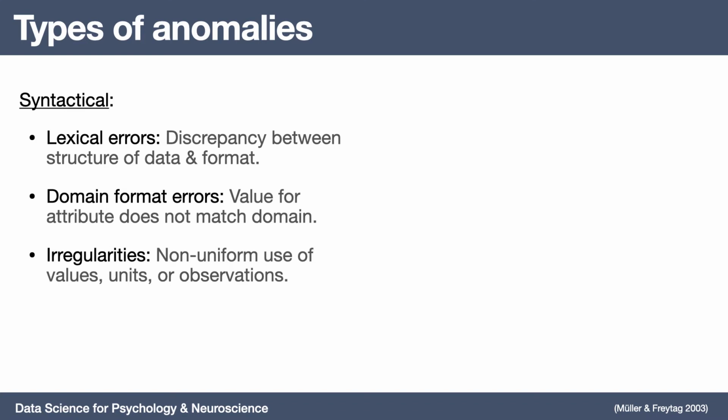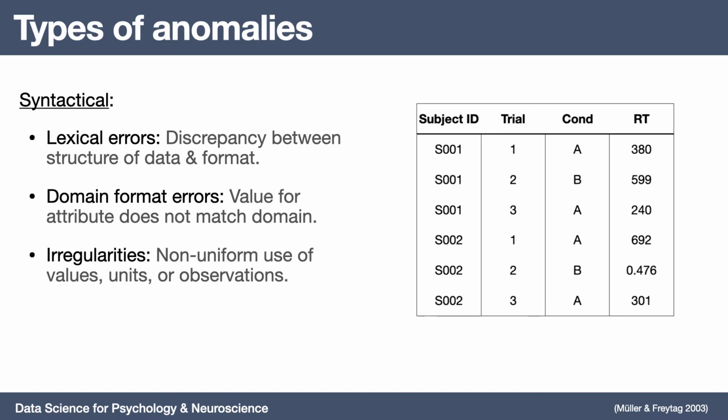Next, you can have irregularities, which are non-uniform use of values, units, or observations. So, for example, if we go back to this data table on the right where we have subject ID, trial number, condition, and let's say average reaction time in that condition, you'll notice that we have reaction times mostly done in milliseconds, but there's this odd value down here, which happens as a result of erroneously reporting the response speed in seconds instead of milliseconds, which was the traditional domain format.